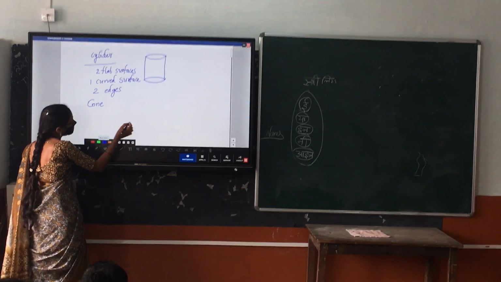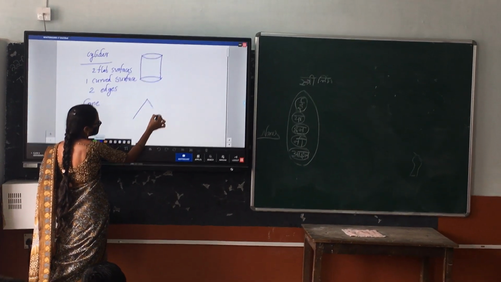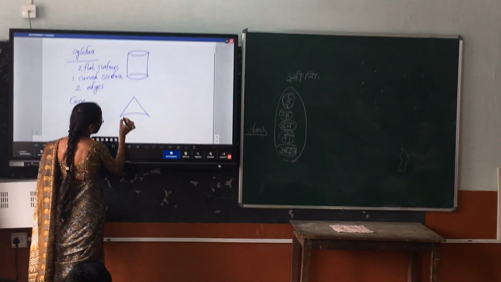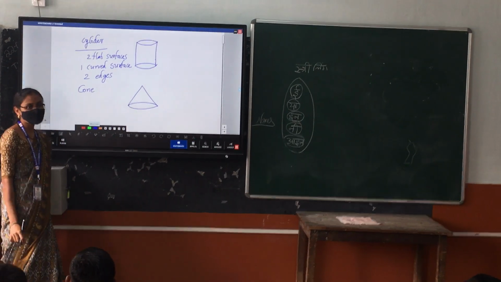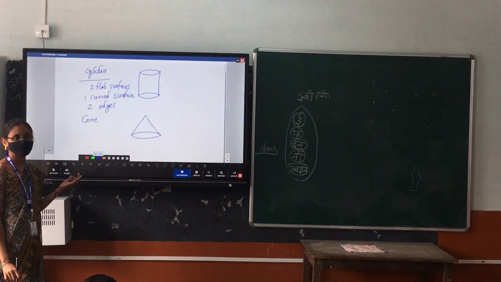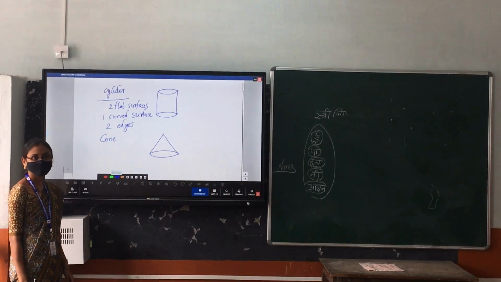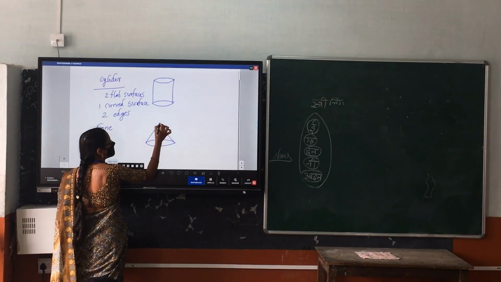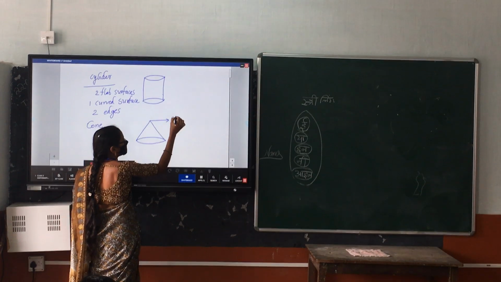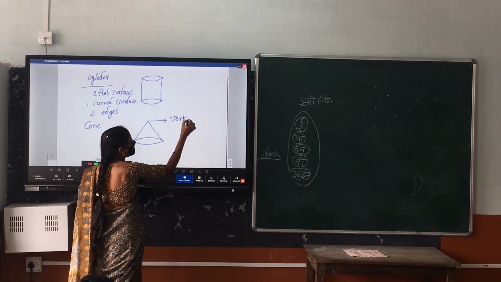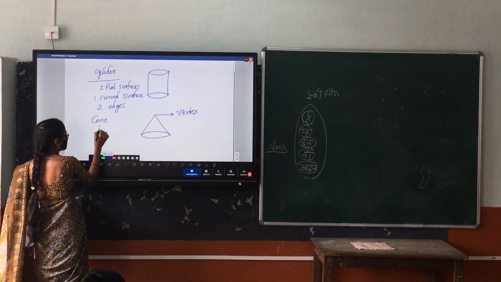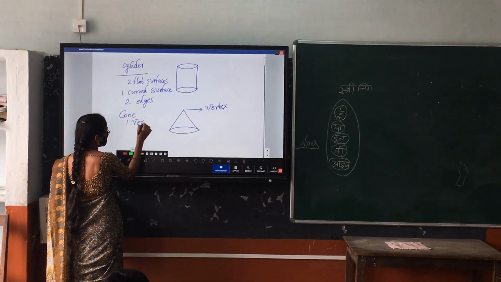Cone. Like this. Examples: birthday cap, ice cream cone, mehendi cone. Next, this is a vertex. One vertex.